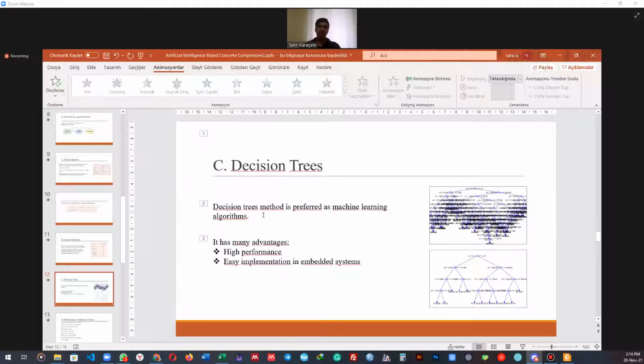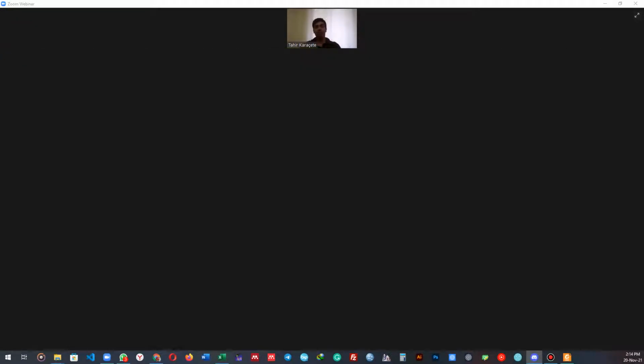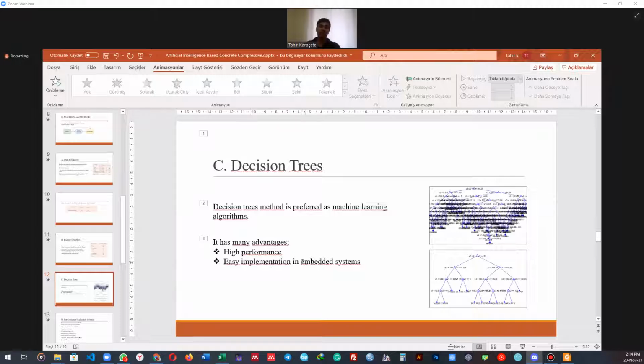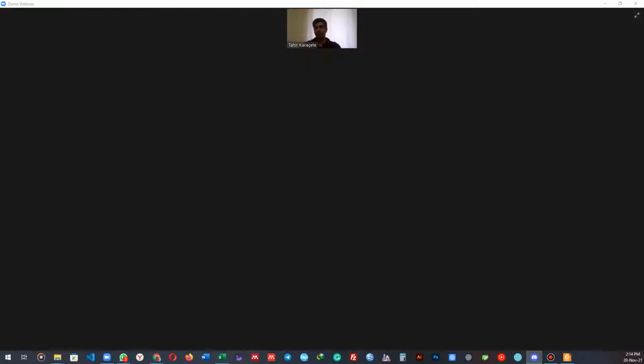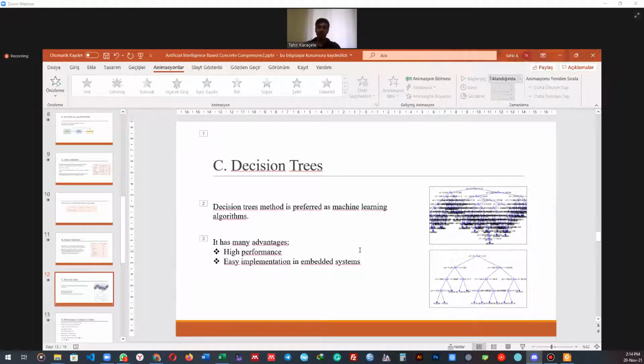The decision tree method is preferred as a machine learning algorithm because it has many advantages, for example high performance and easy implementation in embedded systems. You can see here two models. This is model 1. It is complex, and this is model 2. It is not complex and it is readable.